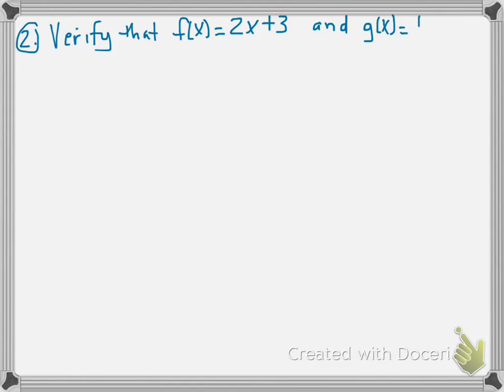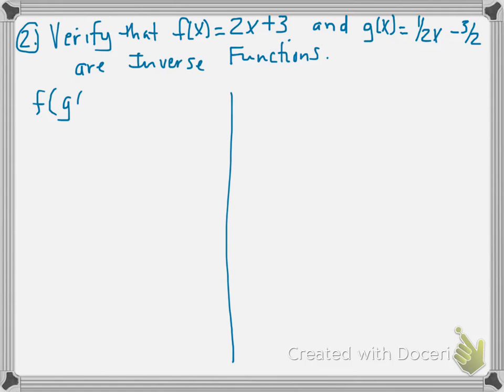Now, the last one that you're going to try is one like example 2, where you verify to see if they are inverses. So hopefully you're pausing it, and then you could check to see if they both give you x.